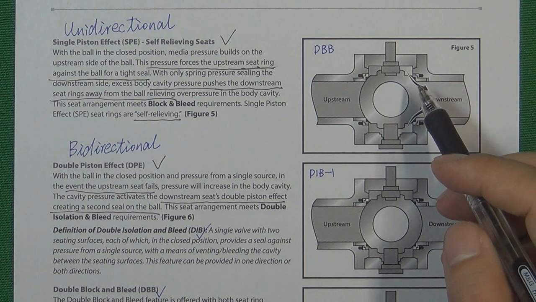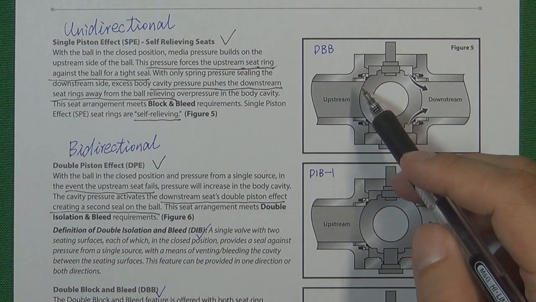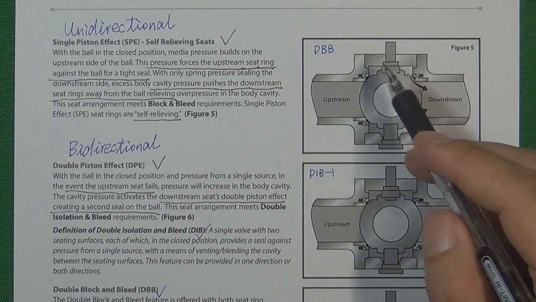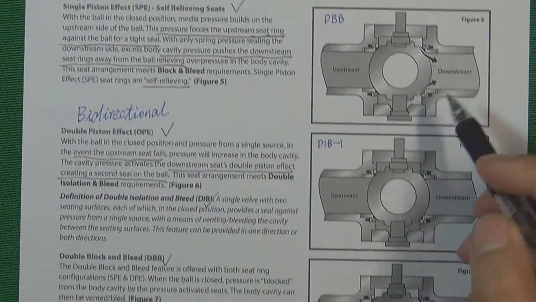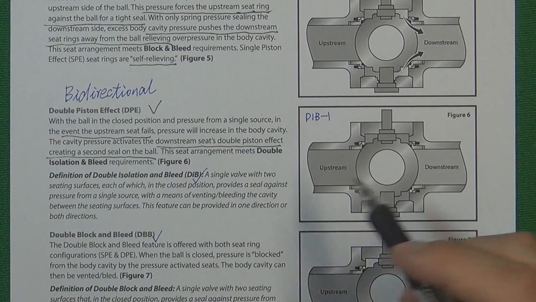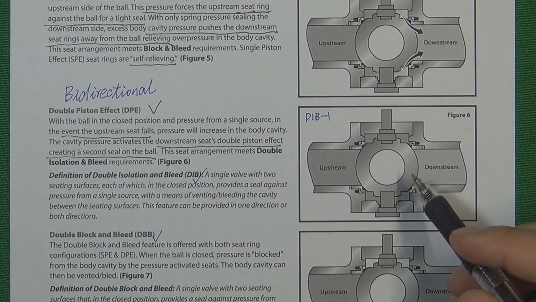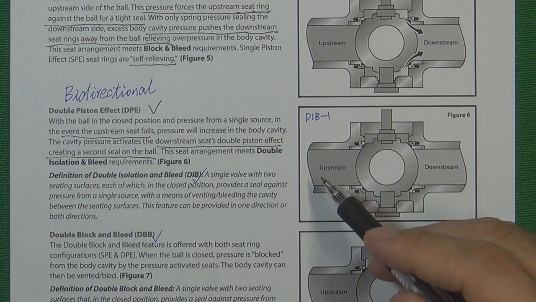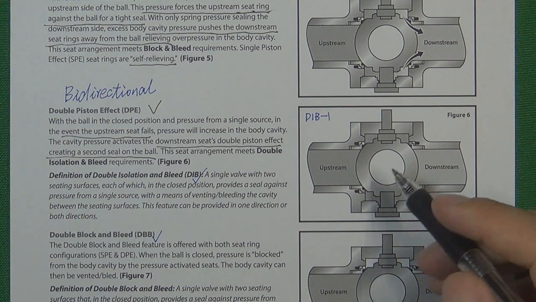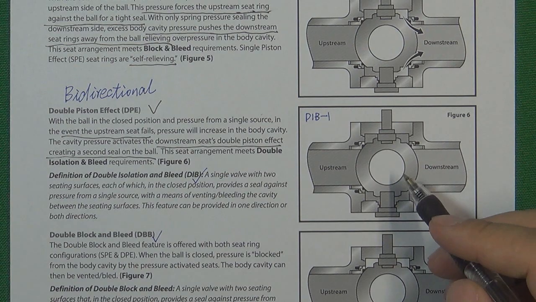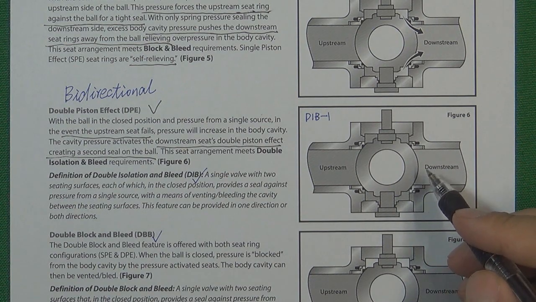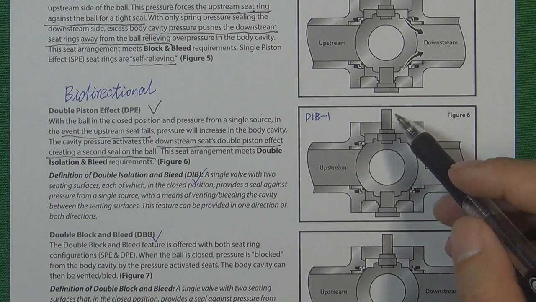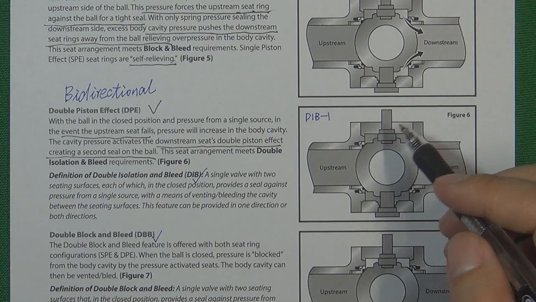But the disadvantage is that if the upstream valve seat fails to work, the valve will leak because the pressure can flow to the cavity and then to the downstream. With both seats made as DPE, the advantage is that if the upstream valve seat fails to work, the downstream valve seat can still hold the pressure inside. The valve will not leak. The disadvantage is that if the cavity has pressure, it has no way to relieve.